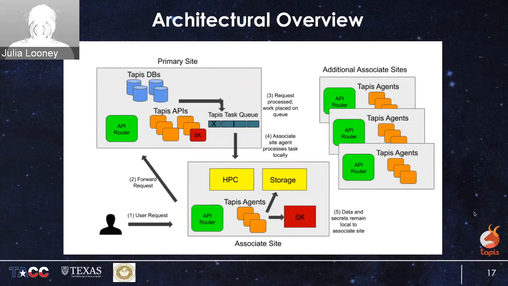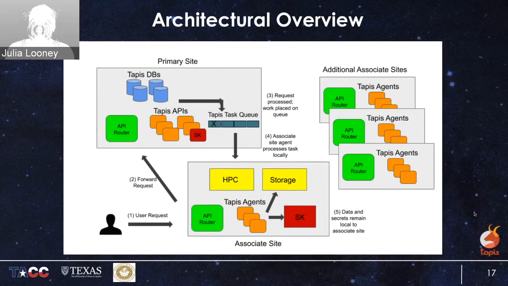And in this example, a work request is placed on a queue. Step four shows that the associate site agent picks the request up off the queue. And in step five, it uses the local security kernel to authorize the request and to acquire any secrets it needs to, in this case, access storage locally.